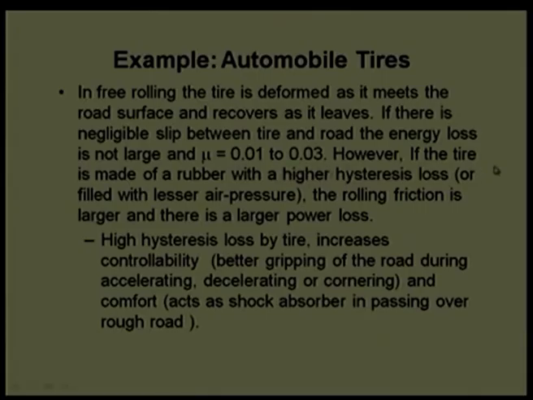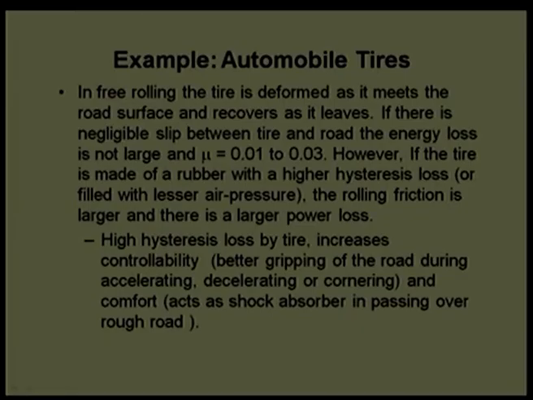However, if the tire is made of a rubber material having high hysteresis losses, what will happen in that case? Elastic deformation will be very high, more than what we understand when the coefficient of friction was 0.01 to 0.03. Then in that case, rolling friction will be larger and power losses will be higher.